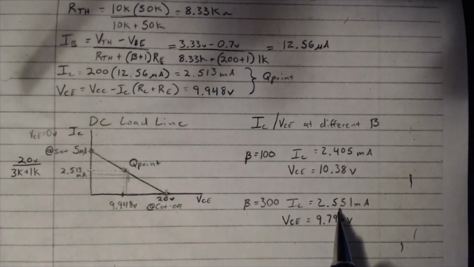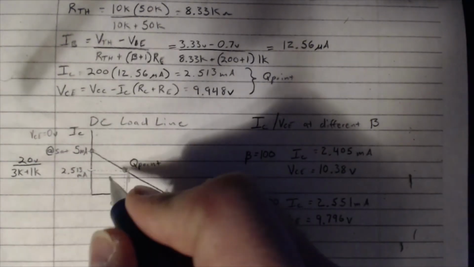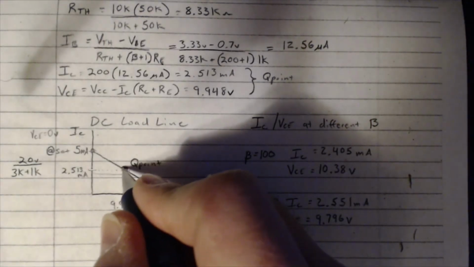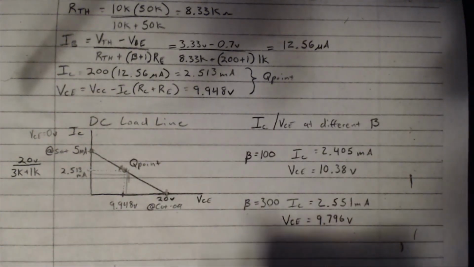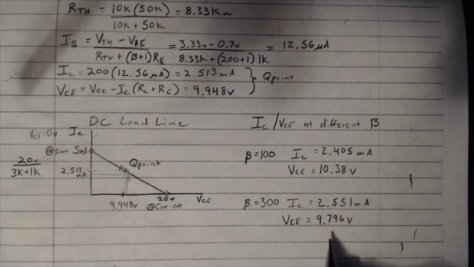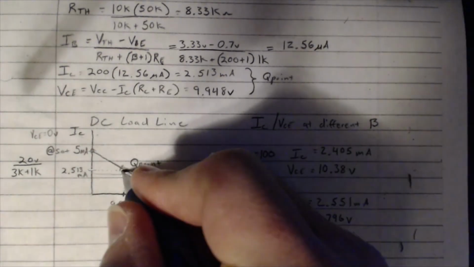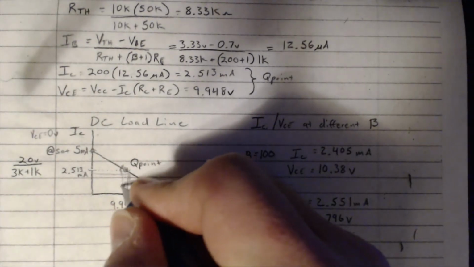We're talking 0.05 milliamps. That's 50 microamps. That's nothing. Actually, it's 40 microamps. That's a tiny change. The Q point just shifted barely right there. Like, I can't even draw it. VCE went from 9.948 to 9.796. Okay, again, it dropped down just a little bit.